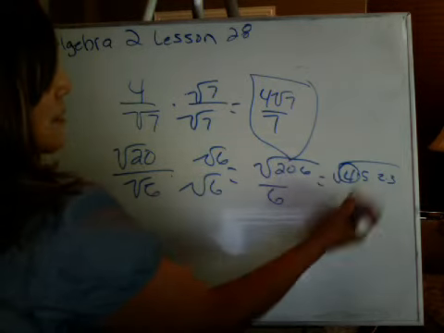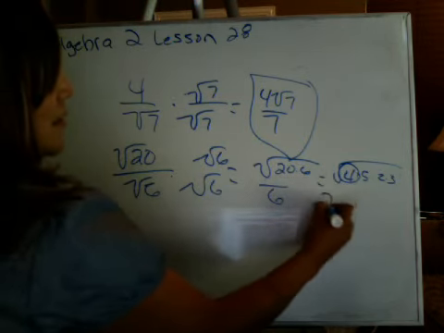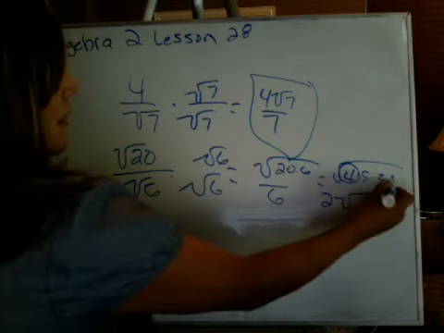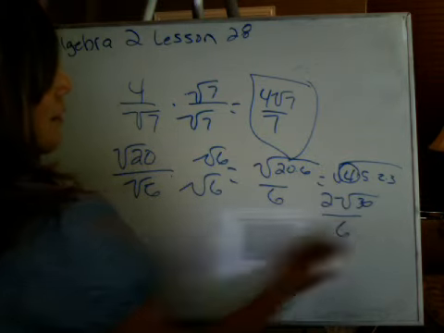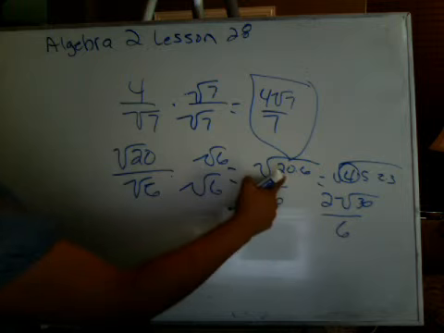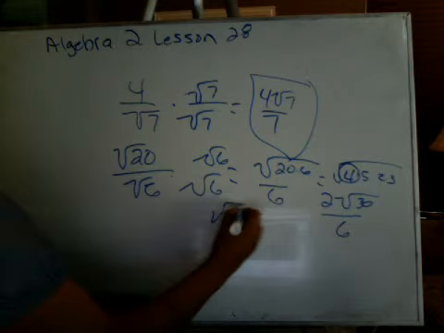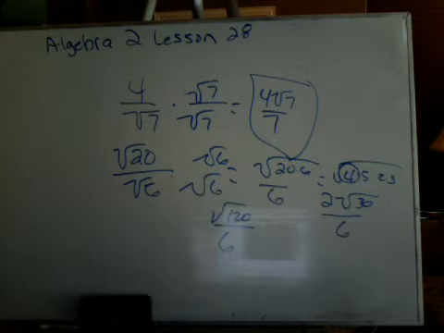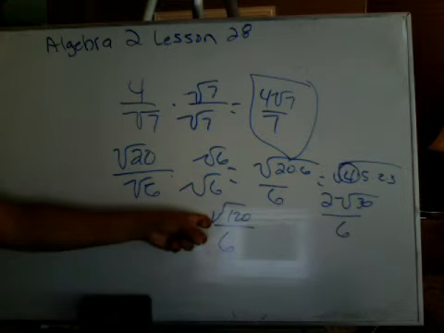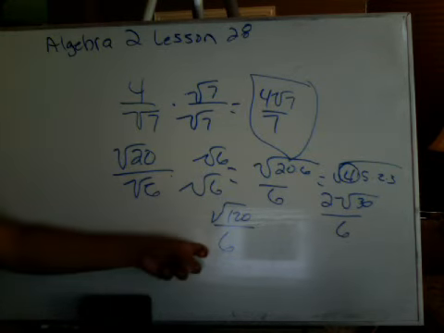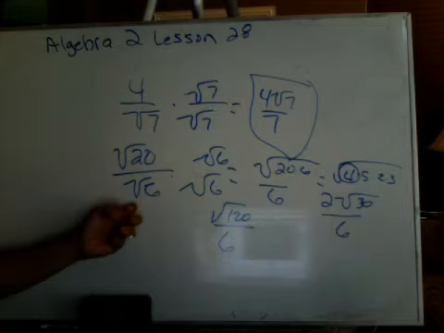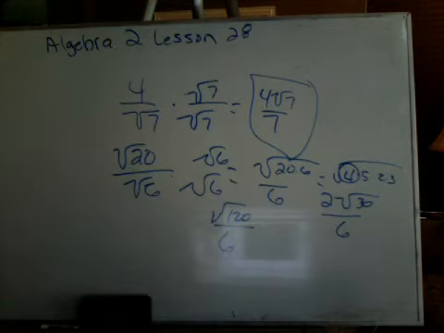And in this, the perfect square, I can take that out, which leaves me 2 times this over that. That's in simplified form. This is not. Square root of 120 over 6. That's what they mean about a perfect square in the square root, whether it be in the numerator or denominator. And you can't have a radical sign in the denominator. Then it's in simplified form.